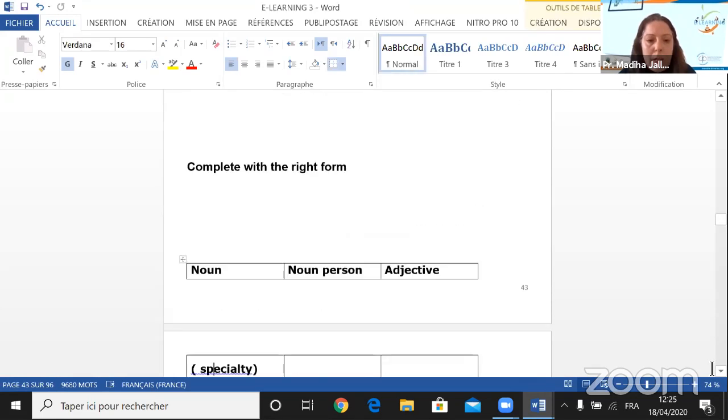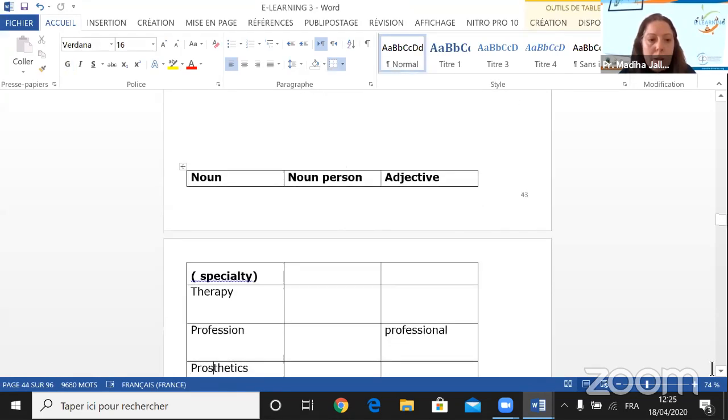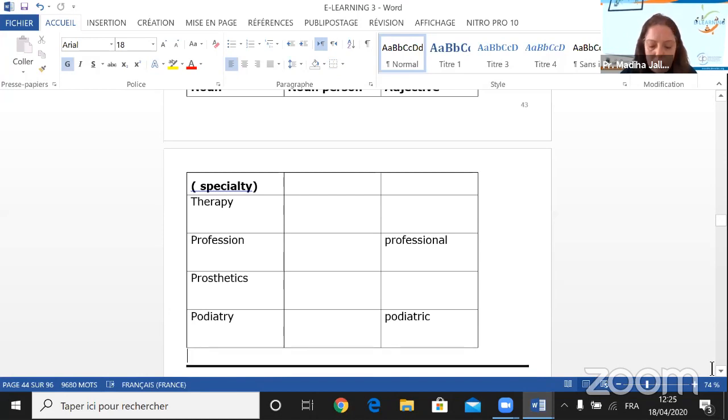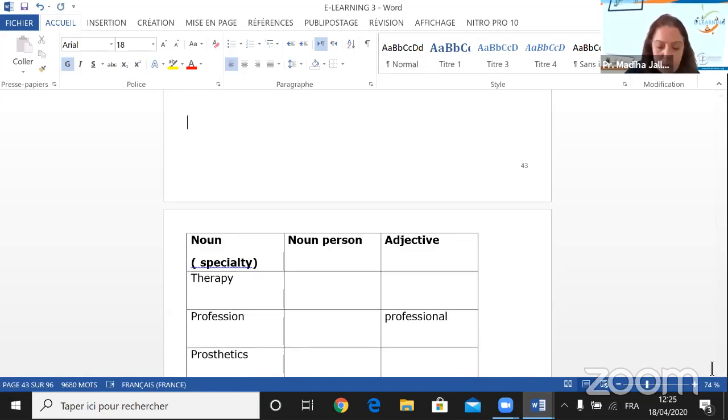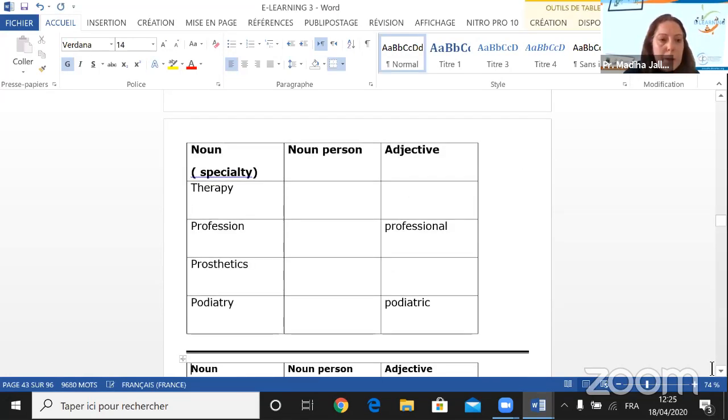Now let's finish with this table. It's about word formation. Here you have the noun.